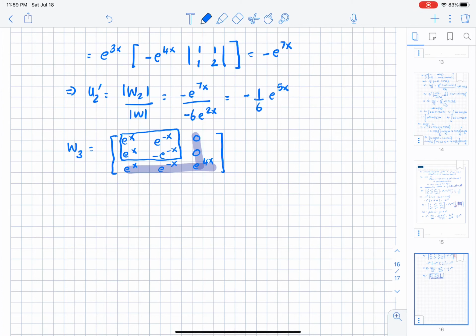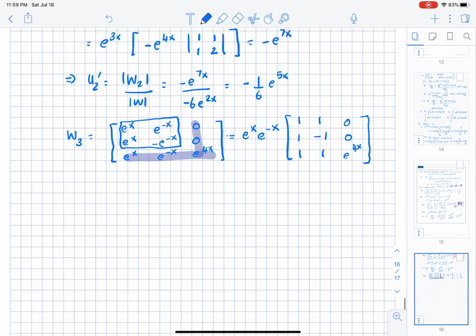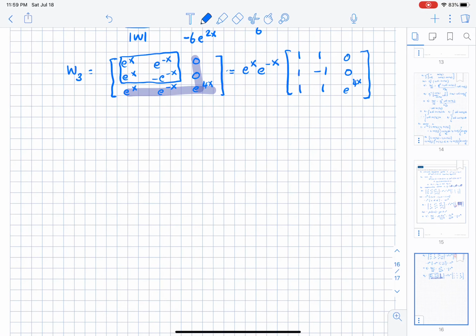So we can pull out e raised x and e raised minus x, and we would have 1, 1, 1, 1, minus 1, 1, 0, 0, e raised 4x. So the determinant of W3 is simply e raised 4x multiplied by minus 2.